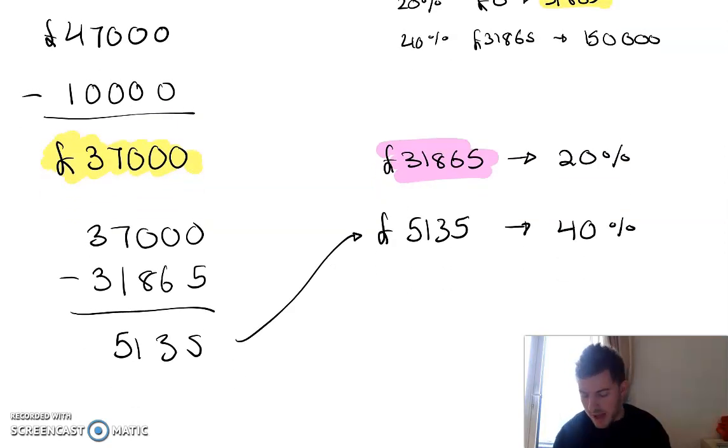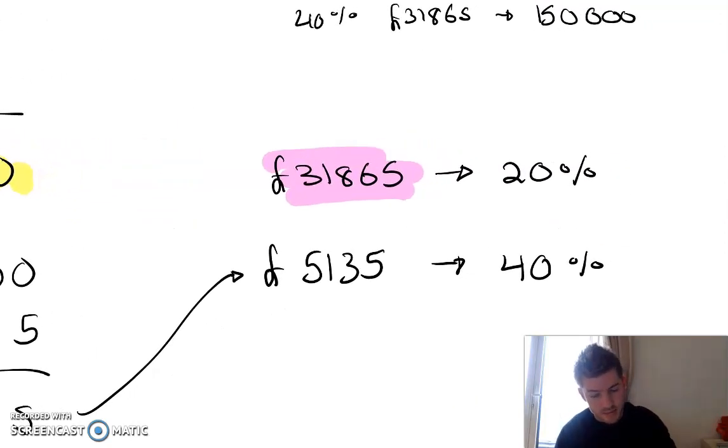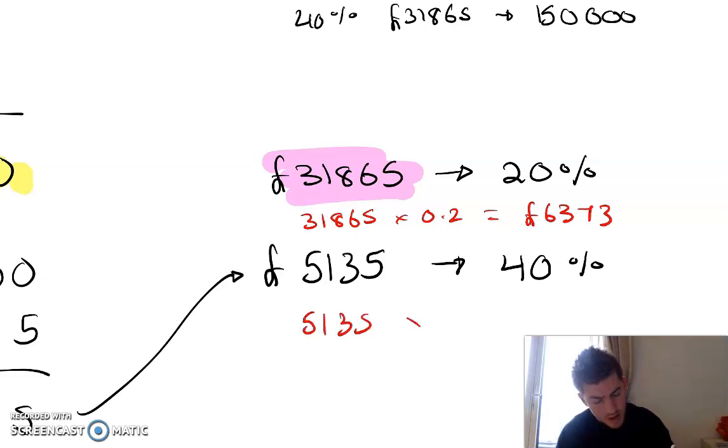So let's do the maths on the first one here. 31,865 times 0.2 equals, and this is why you need a calculator, 6,373, and the second one here, 5,135 times 0.4, so that's your tax.